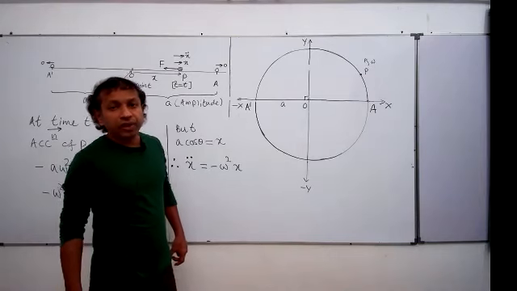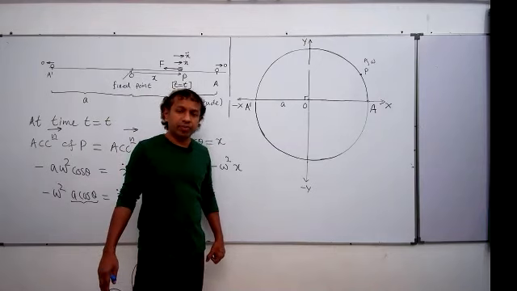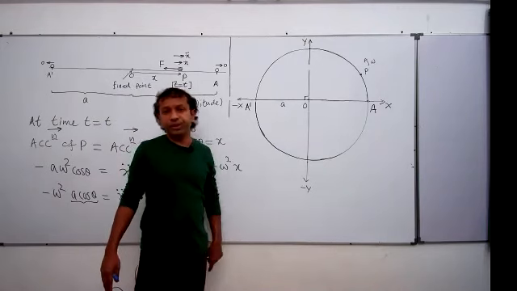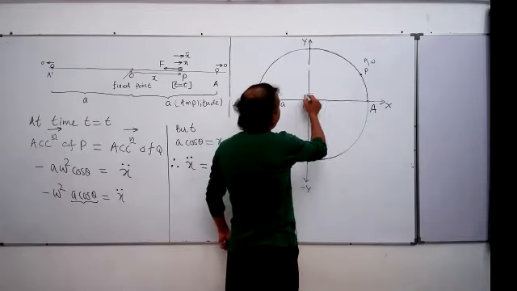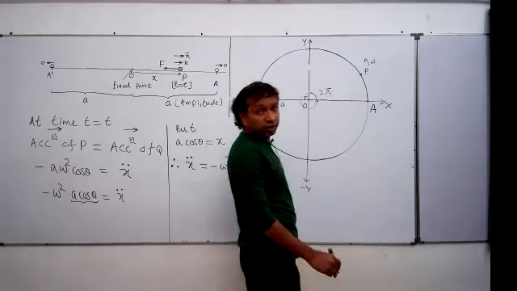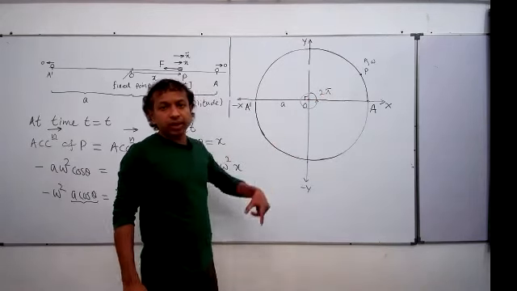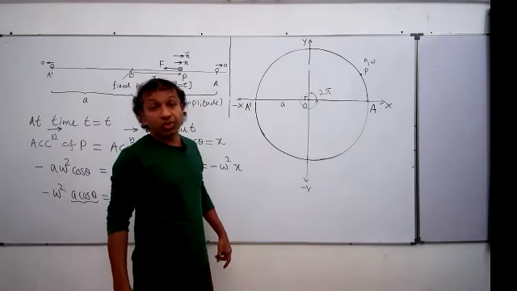Therefore, the period of the simple harmonic motion is equal to the time taken by the particle P to complete one journey. The particle P turns about the point O through an angle 2 pi during its motion. That 2 pi angle, it turns with the constant angular velocity omega.